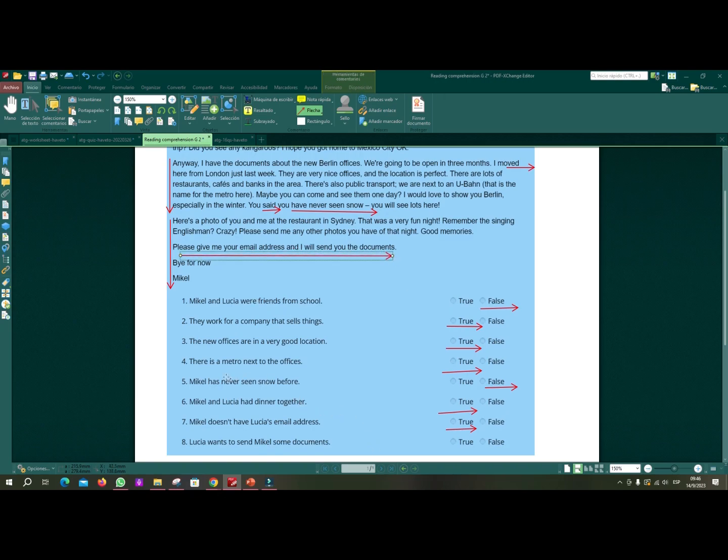Nice. And the last one, Lucia wants to send Michael some documents. True, teacher. True? Lucia wants to send Michael some documents, are you sure? False, teacher. False, right? Michael wants to, right? Yeah. Okay.